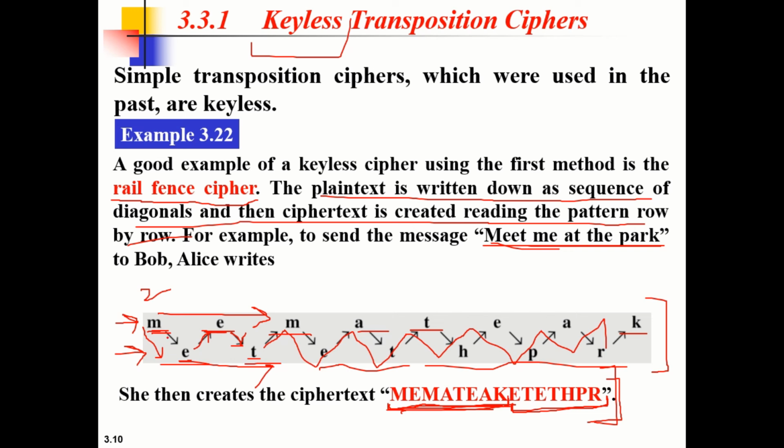Then we will be reading it diagonally, right? After creating two rows out of it, we'll be reading it diagonally. So we will be getting the same message which was sent by the sender. Fine. So this is how we encrypt and decrypt the message using keyless transposition cipher.